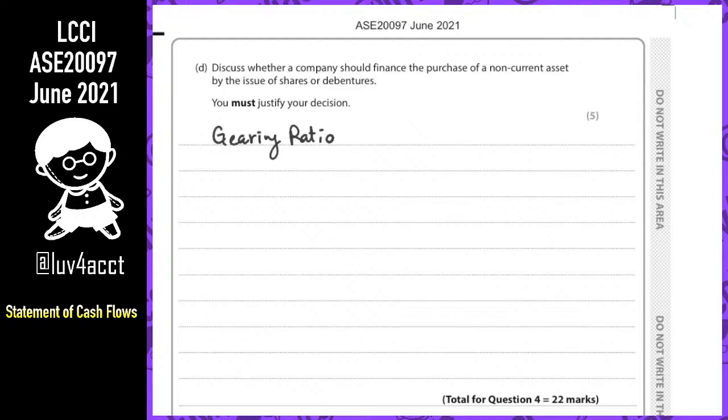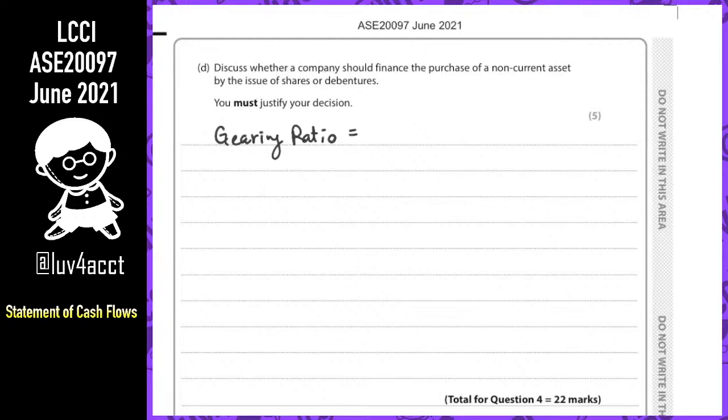So the formula of this ratio is like this. If you have debentures, bank loan, or preferred shares, they will go into this, because these are fixed cost capital.